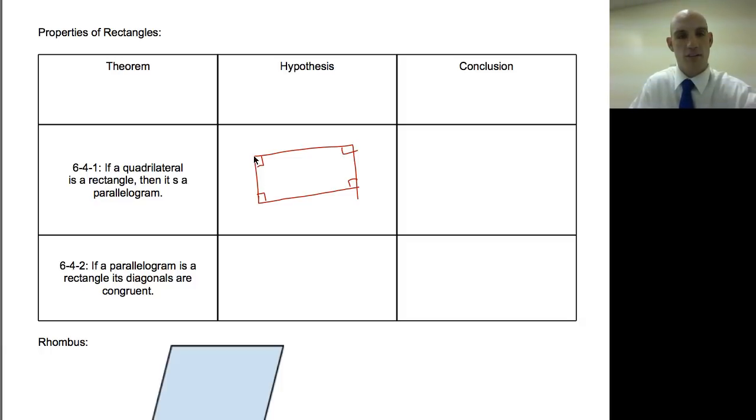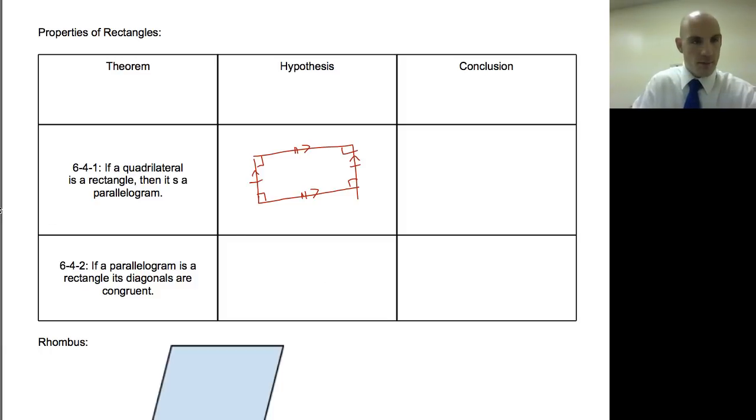Also, each consecutive angle has all of them supplementary. Opposite sides are going to be congruent and parallel. And so my conclusion is going to be that this is a parallelogram with one 90-degree angle. And that's going to mean that each of the subsequent angles is 90 degrees.